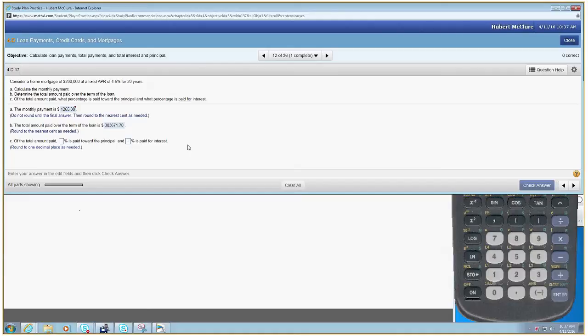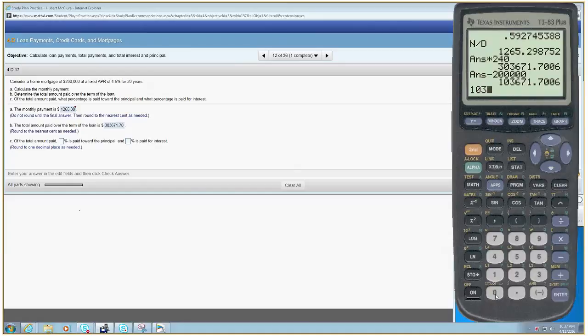If you can get these two numbers, then you've pretty much got it. 200,000 over the total, and then that 103,000, put that over the total, and that's how much you pay in interest. So somebody take that number. How much was the interest?